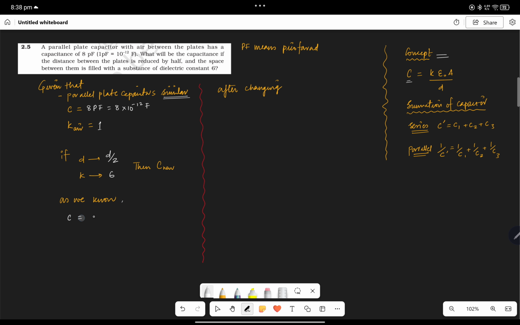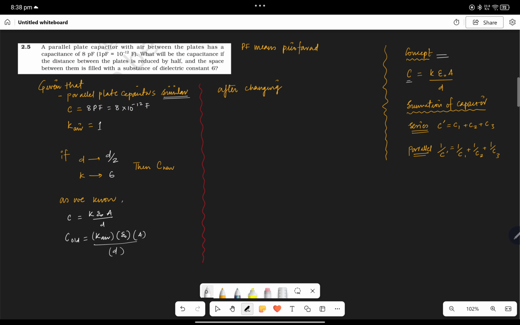So C is equal to K epsilon naught A by D, and C old is K air times epsilon naught times A by D old.